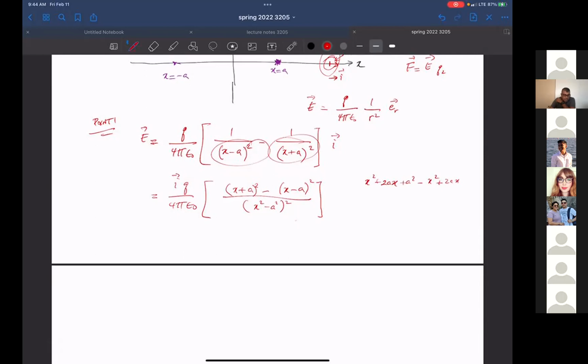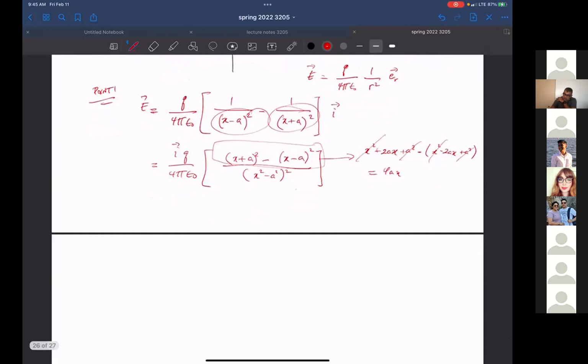Now let me just do it this way. Plus a squared. So I'm just calculating this now. So this guy would go out, this would get canceled out, and it would end up with 4ax.